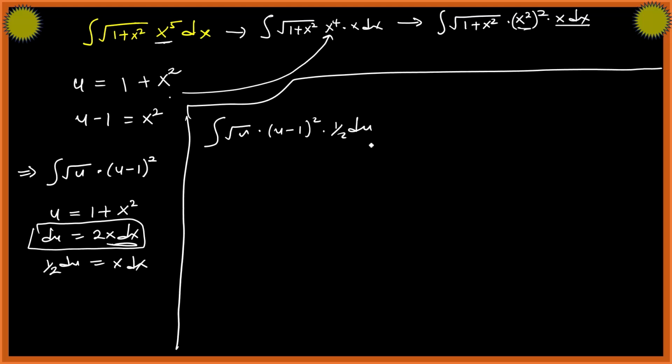I think we have everything in terms of u, so we can now go ahead and simplify. We have integral of u. Now let's expand this: u squared minus 2u plus 1.